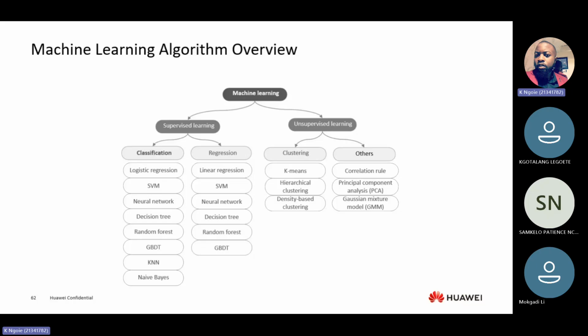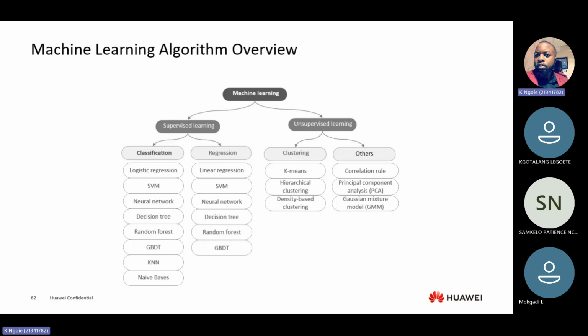So if we identify the problem as a classification problem, we're going to use one of the algorithms that has to do with classification. That will depend on the type of scenario that we have, right? If the problem is a regression problem, then we're going to go with a regression algorithm, all right? And if we are dealing with a clustering problem, we will choose some of the clustering algorithms.